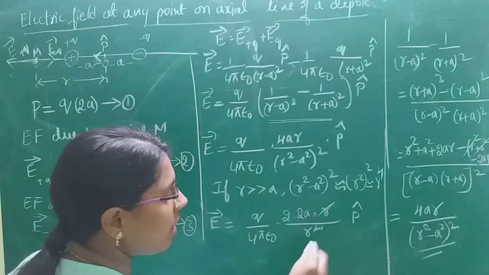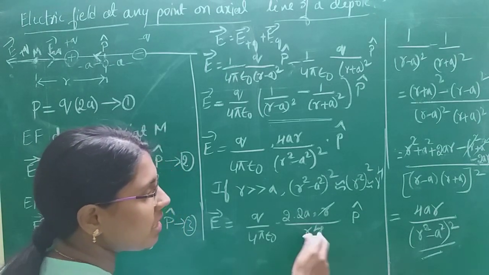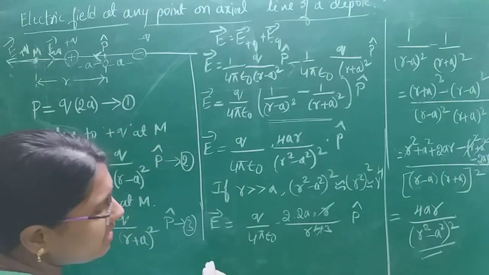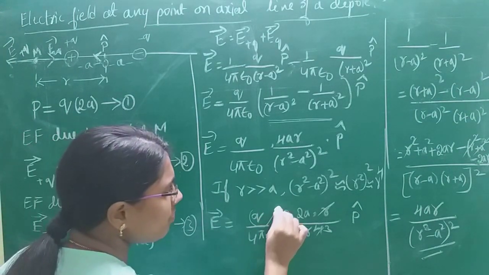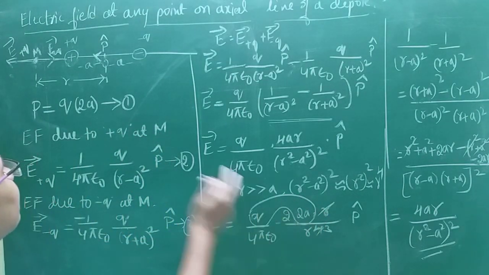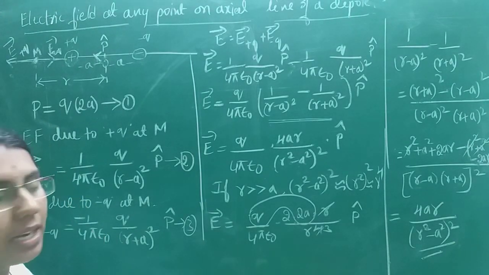This R and R to the power of 4, so R gets cancelled. Remaining is R cube only. Right. So now see, from equation 1 we write Q into 2A is nothing but the dipole moment, that is P, right?